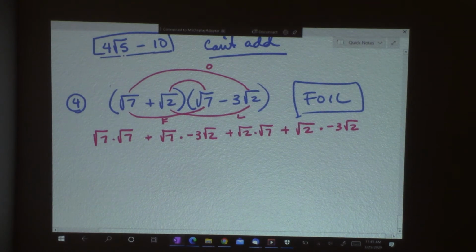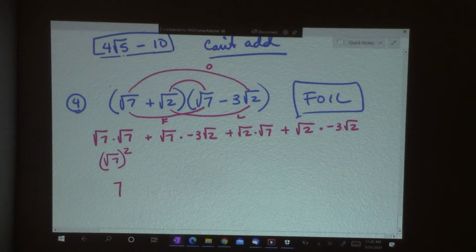So here, this actually means the square root of 7 squared, which works out to be 7. I'm just going to finish that term there. Okay, now I'm going to multiply the square root of 7 times negative 3 square roots of 2.